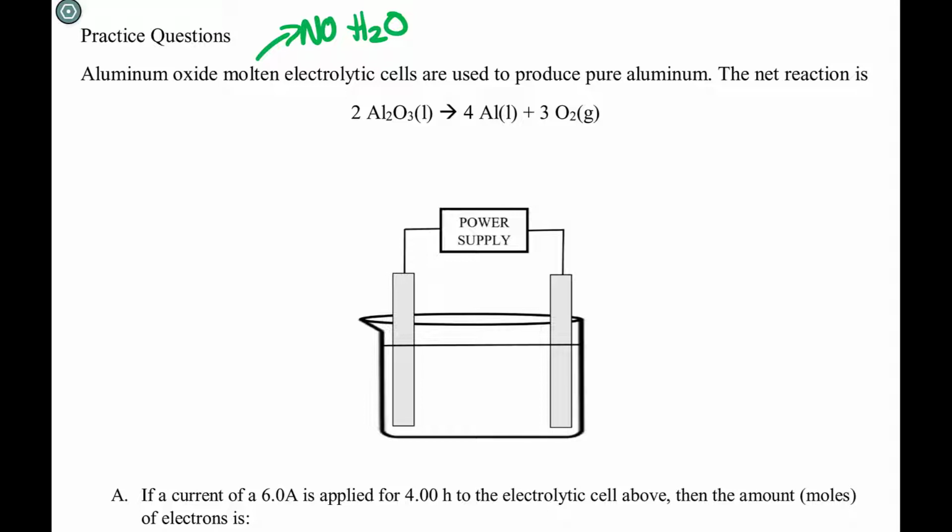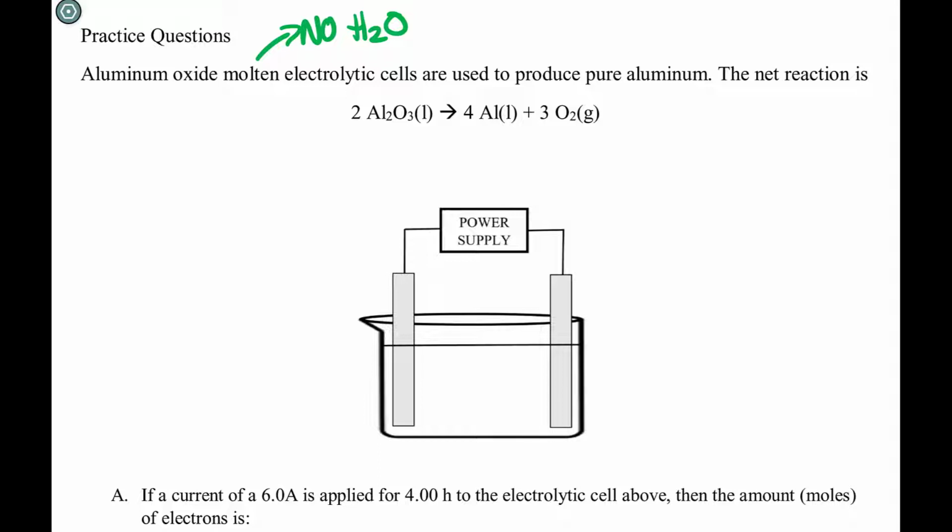So one of the most famous ones is an aluminum oxide molten cell. This is how we mass produce aluminum, which is one of the most used metals on Earth. Before this process, aluminum was almost like gold in terms of its value because you just couldn't get it.